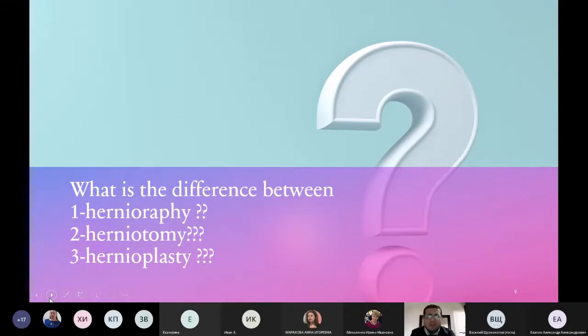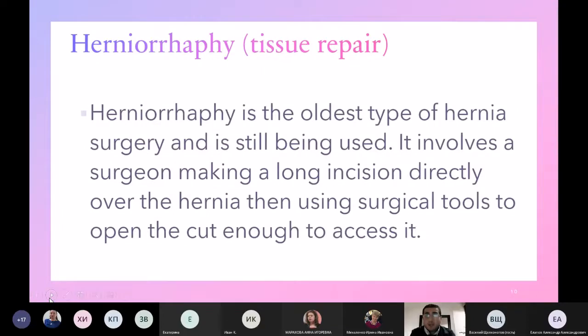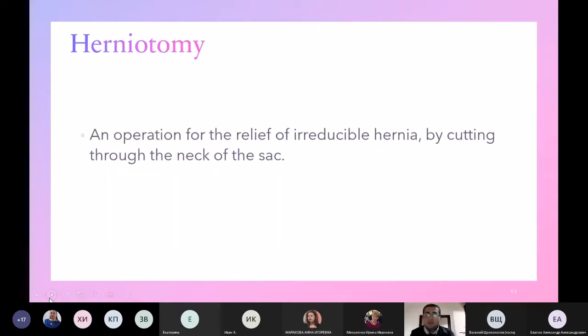So, what is the difference between herniorrhaphy, herniotomy, and hernioplasty? Herniorrhaphy is the classic one, the oldest type of hernia repair operation. It involves a surgeon making a long incision directly over the hernia, then using surgical tools to open the cut enough to access it.